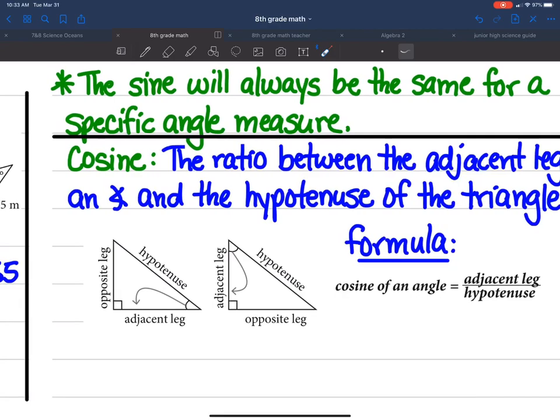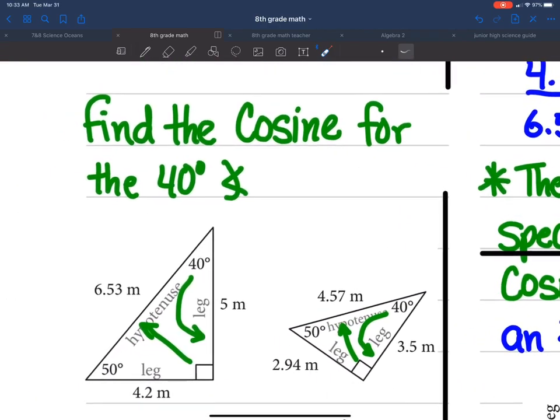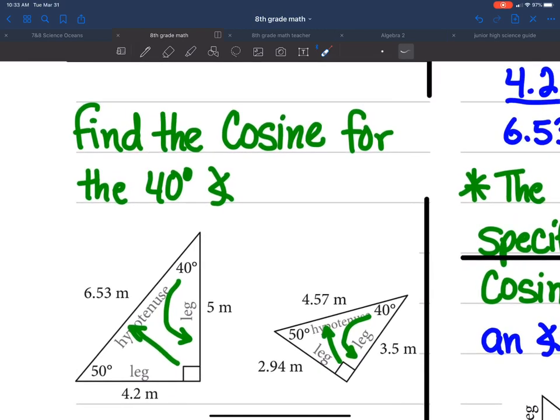Now let's do some examples. It says find the cosine for the 40-degree angle, this one right here. We kept really the same values from the last triangles that we used, but in this case, we're using two different ones.